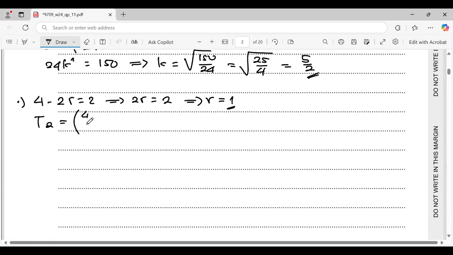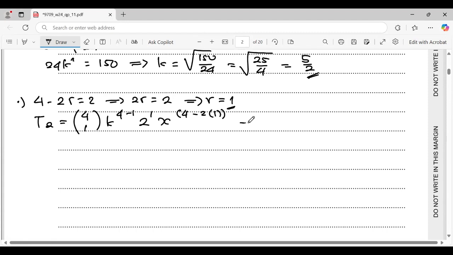So the combination 4 choose 1, k to the power 4 minus 1, 2 to the power 1, x to the power 4 minus 2 times 1.